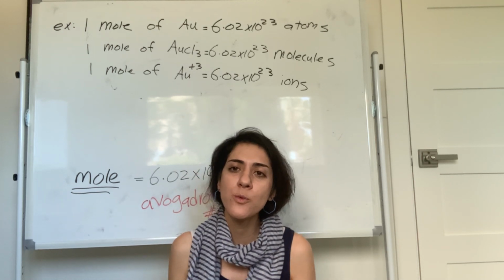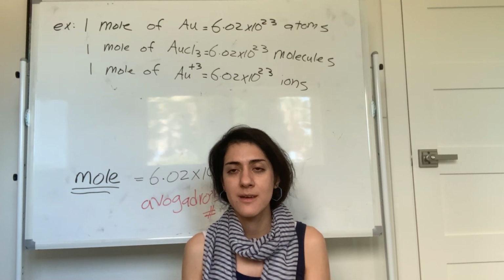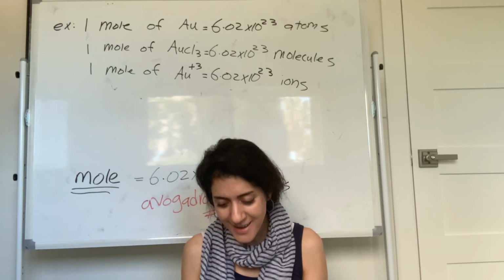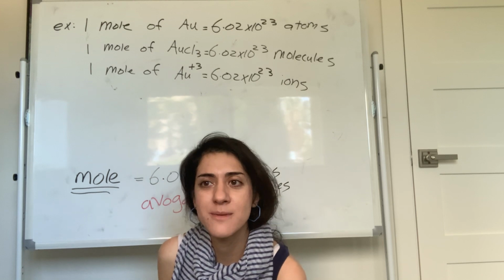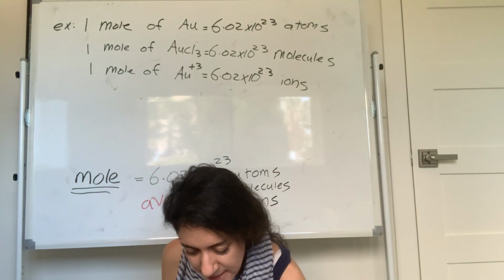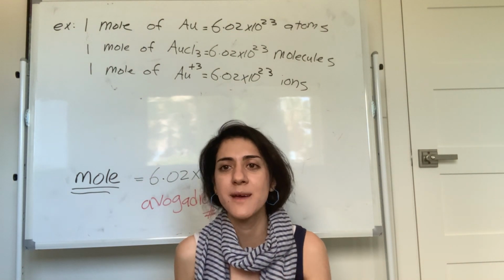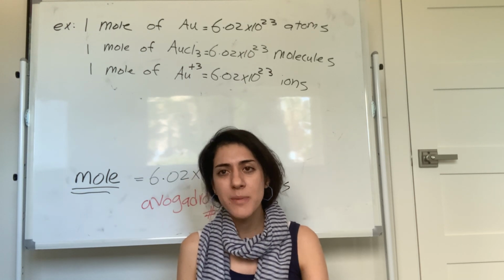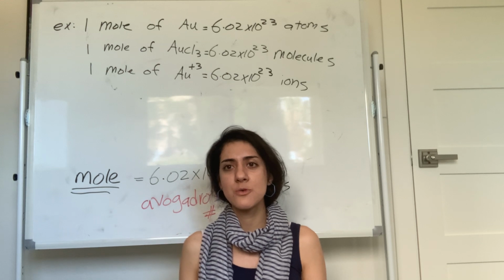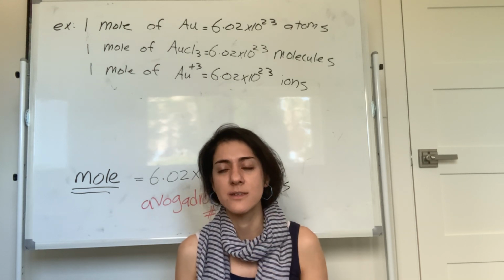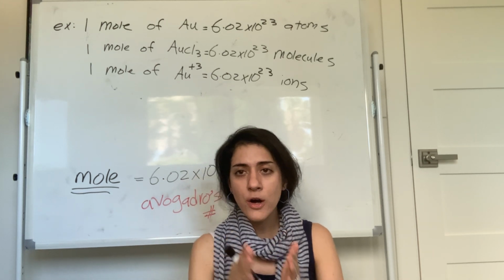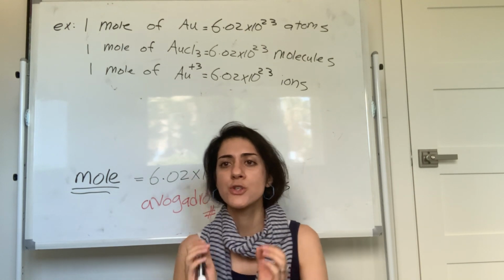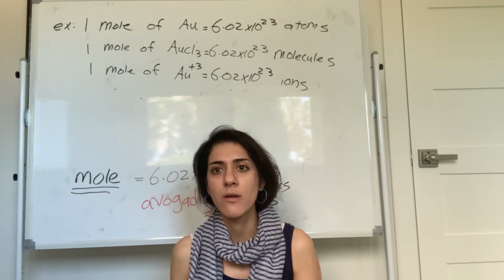So that's the problem. We can't physically measure moles. But what could we physically measure? Mass, right? You can physically measure mass, but you cannot physically measure moles. Grams can be measured. Moles can't. So because of that, what we're going to do over the next few lectures, we are going to learn how to convert between grams to moles to atoms and molecules.